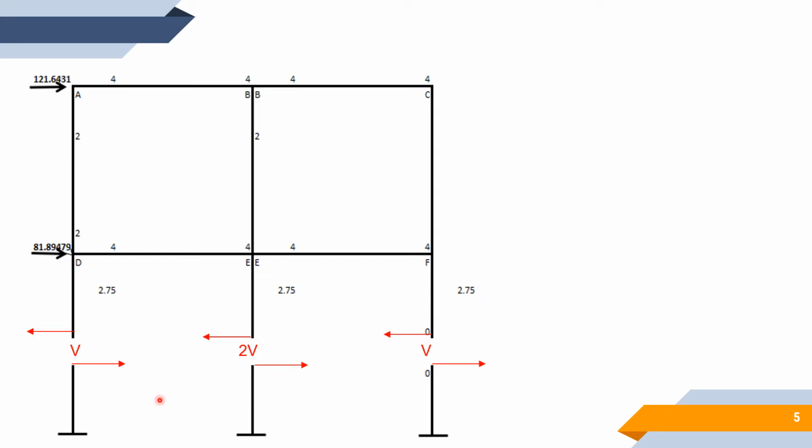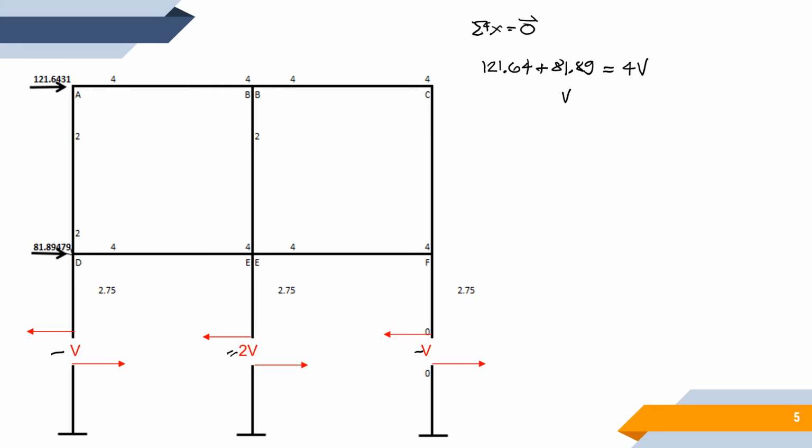So, for us to get the value of our shear, we will sum up forces along X. Going to the right is positive. So let's just equate forces acting to the right equal to the forces that are acting towards the left. So we have 121.64 plus 81.89 is equal to, we have 1, 2, 3, and 4V.